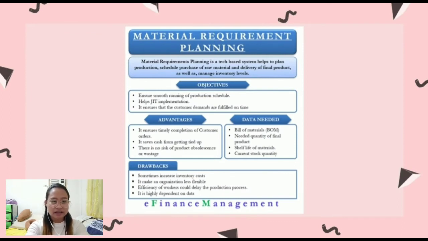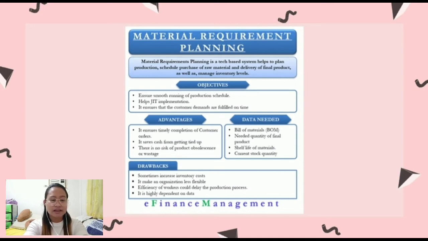To add on, it is a tech-based system that helps to plan production schedule, purchase of raw material, and delivery of final product, as well as manage inventory levels. There are some objectives. It ensures smooth running of production schedule, helps JIT implementation. JIT stands for just in time.